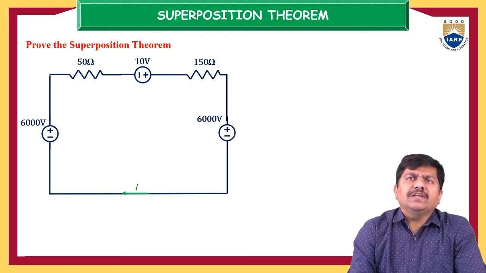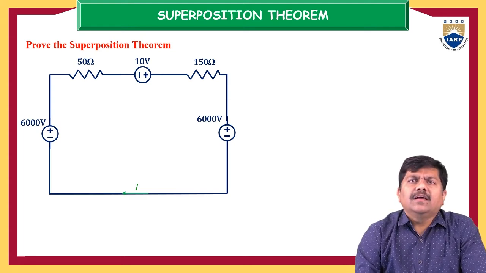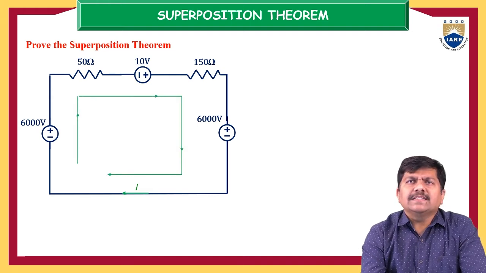Generally, my suggestion is, whenever a resistance is connected in parallel to any current source, it is better to use the source transformation technique to simplify the electrical network. So apply mesh analysis using Kirchhoff's voltage law here.